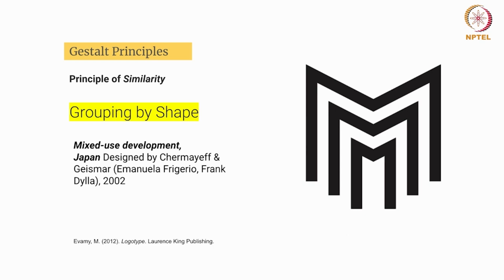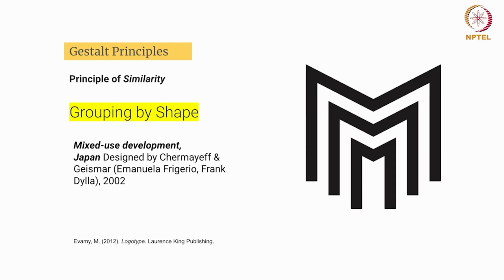The M has been grouped together as a whole, and there are three Ms. This is a mixed use development organization in Japan, designed by Chair Mayev and Gizmar in 2022.